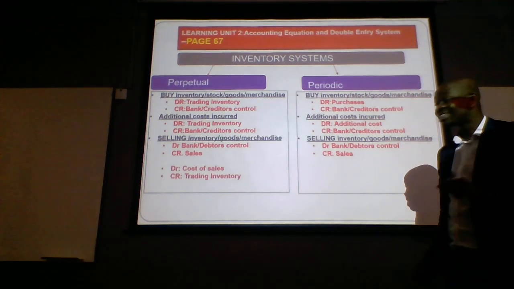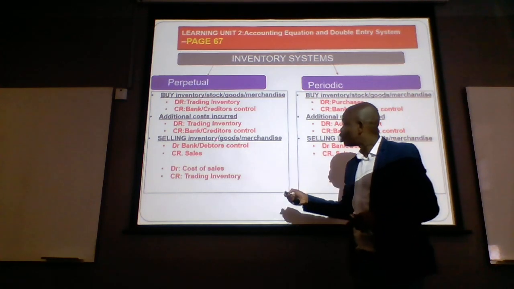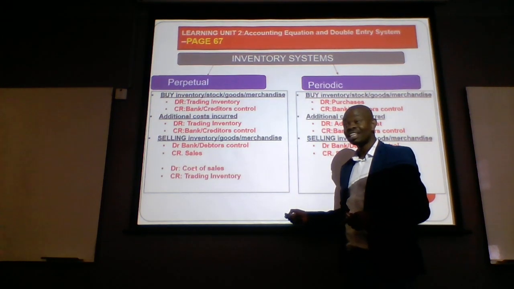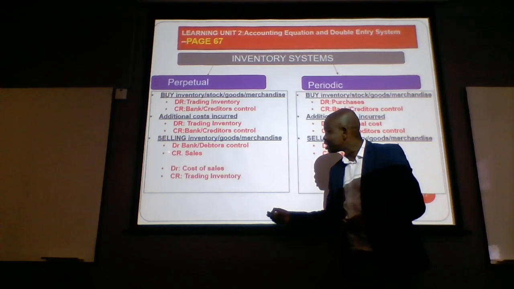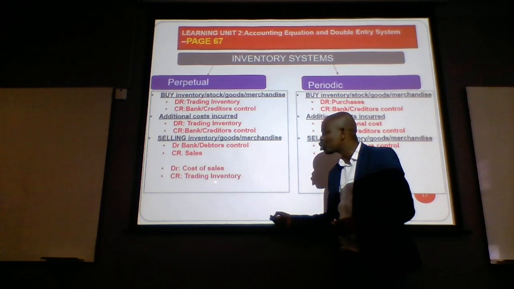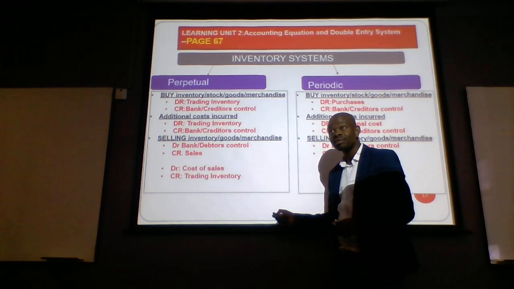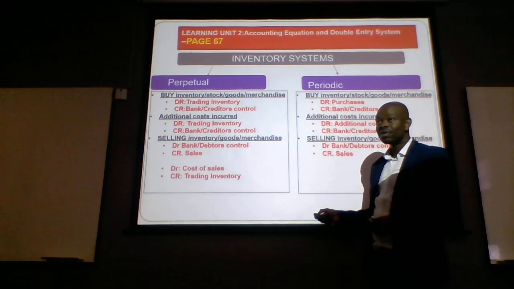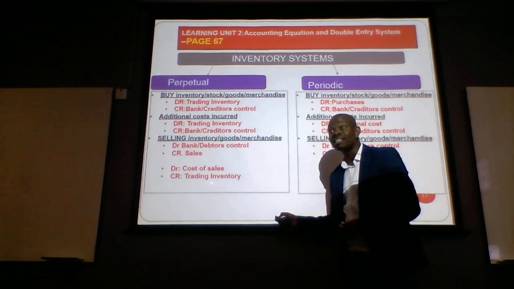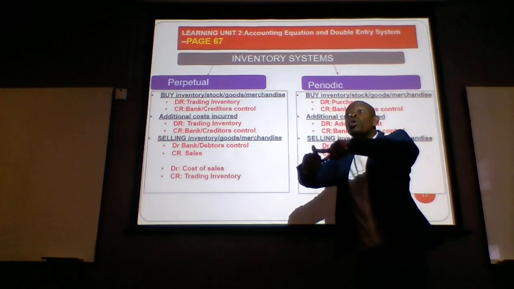But remember I said under perpetual, when you show sales, you must also show what? Cost of sales. Normally we call this A part, this is the B part. The B part is where you show the cost of sales. Okay. This cost of sales is the cost of sales of what? Inventory. Meaning cost of sales always go with trading inventory.